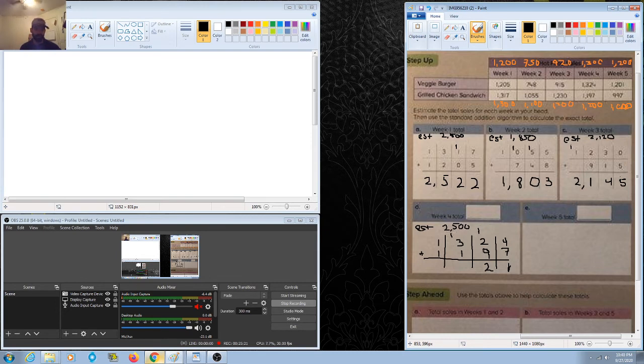So we have one group of 100 plus 3 groups of 100 plus another group of 100, giving us 5 groups of 100. And then we take the thousands place, add 1,000, and another group of 1,000, and that gives us 2,521, which was very close to our estimate. So 2,521.